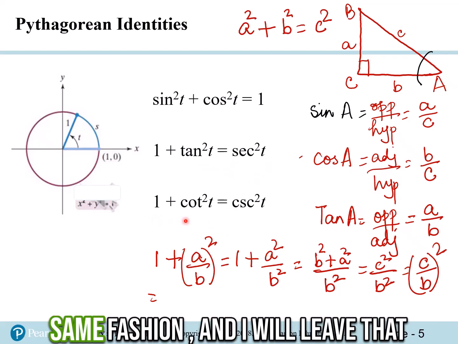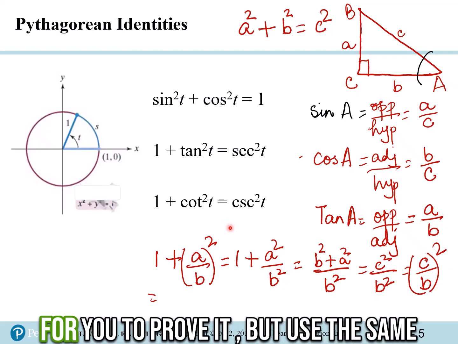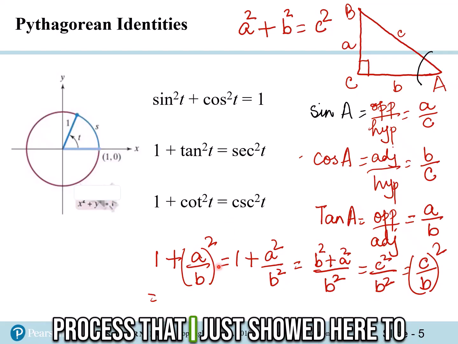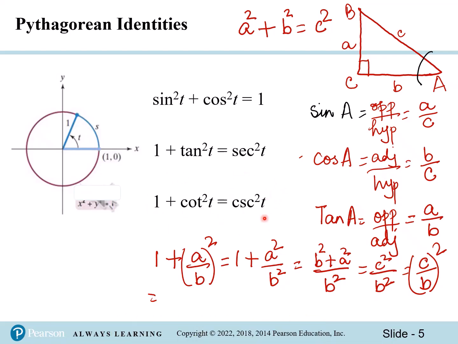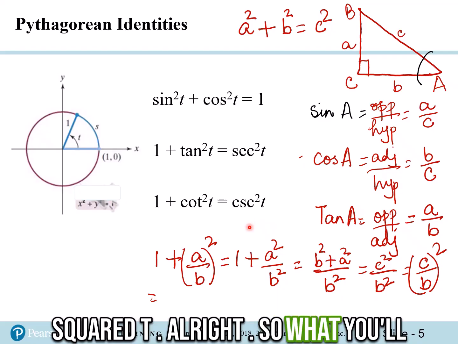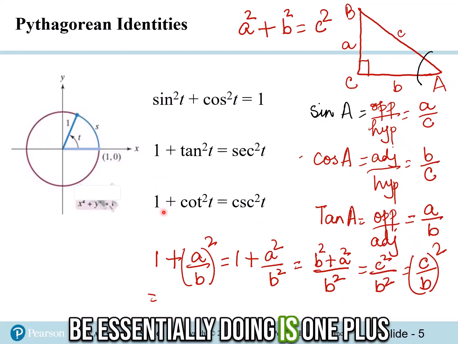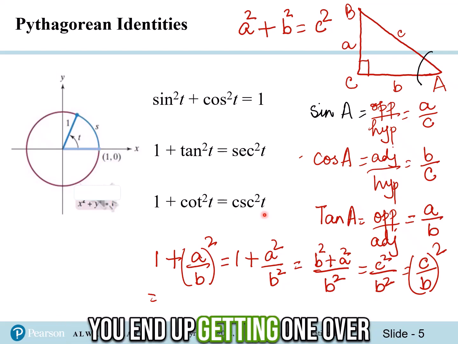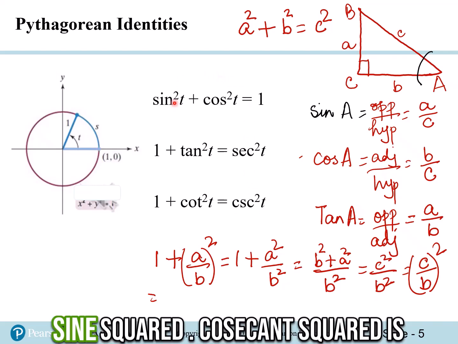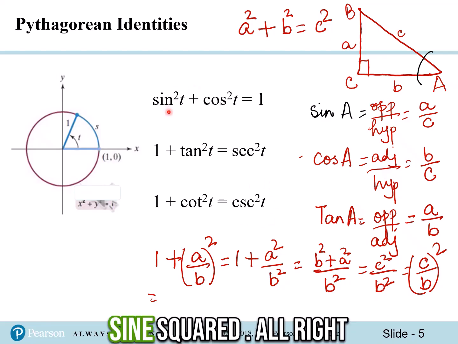And in the same fashion, and I will leave that for you to prove, use the same process that I just showed here to prove that 1 plus cot squared t is equal to cosecant squared t. So what you'll be essentially doing is 1 plus b over a whole squared, and see if you end up getting 1 over sine squared. Cosecant squared is the reciprocal of sine squared.